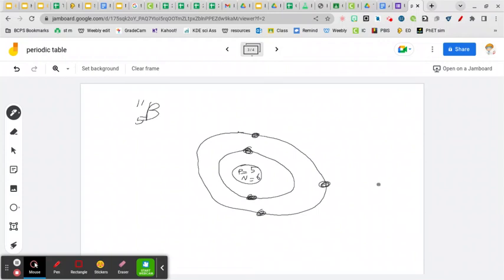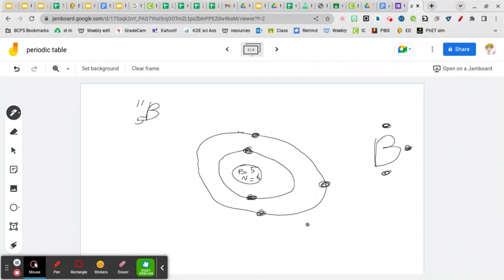On the boron, for the Lewis dot structure, I would just draw a B. It has 1, 2, 3 valence electrons. So I would draw 1 dot, 2 dots, 3 dots. Done. On the next one, remember you're only doing the electrons that are in the outermost ring.